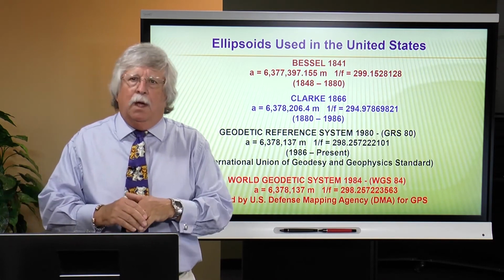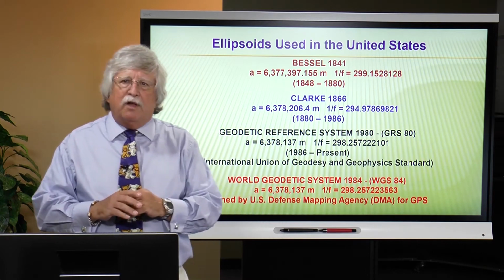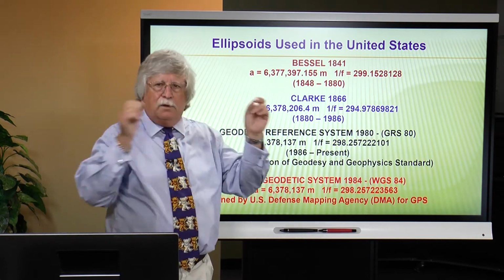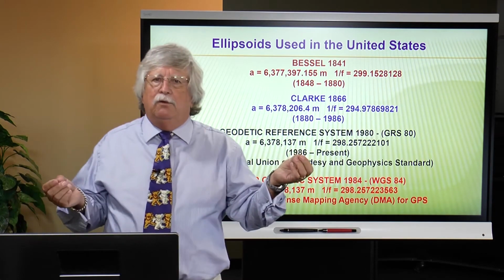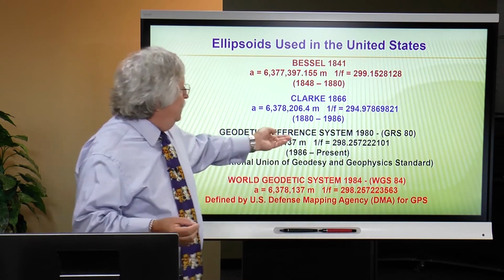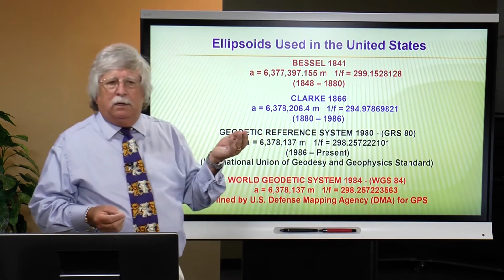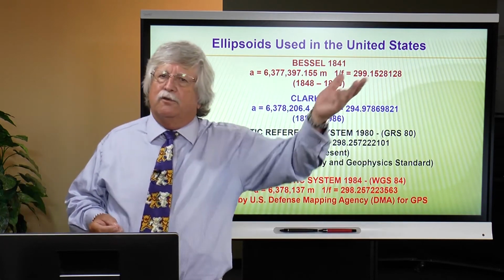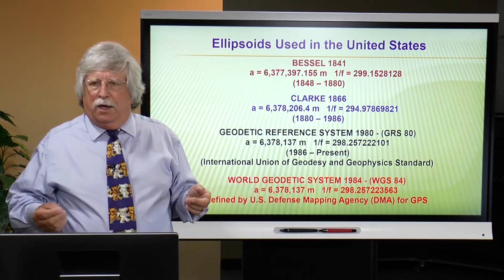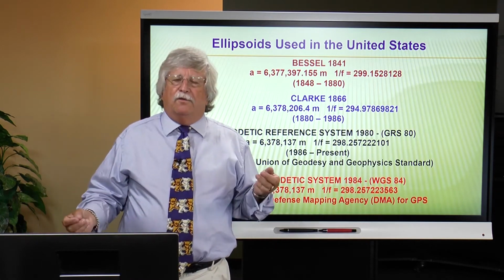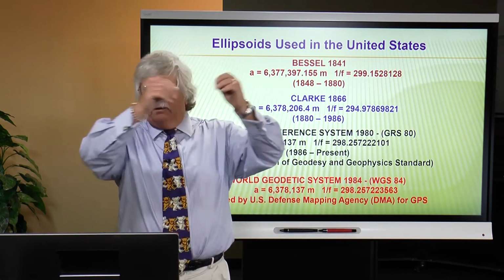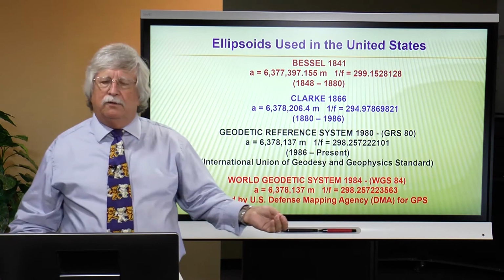One of the computations I performed was to compute the distance between 2 marks using Geodetic Reference System 1980. I selected a point near Point Barrow, Alaska, as far north as we can go, and another in the Dry Tortugas off the southern coast of Florida. So I computed the distance. This is a continental scale distance.